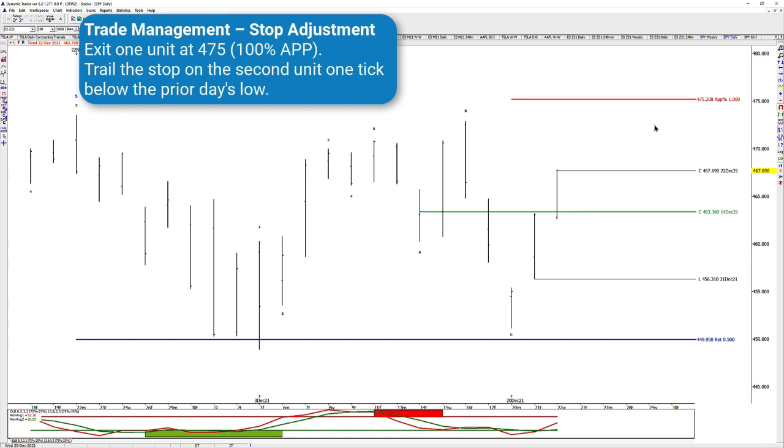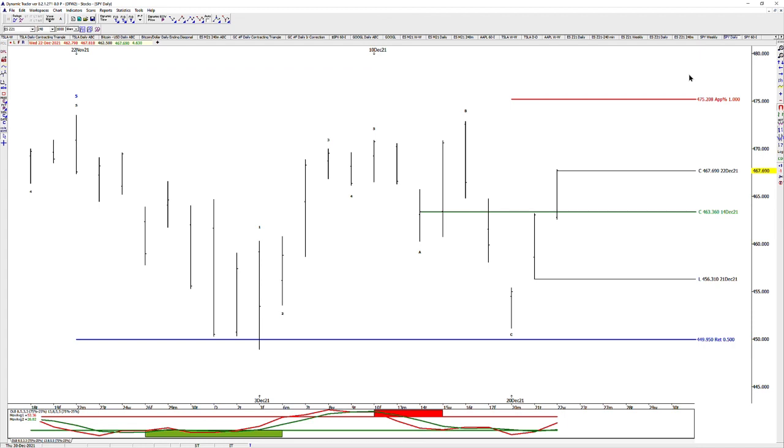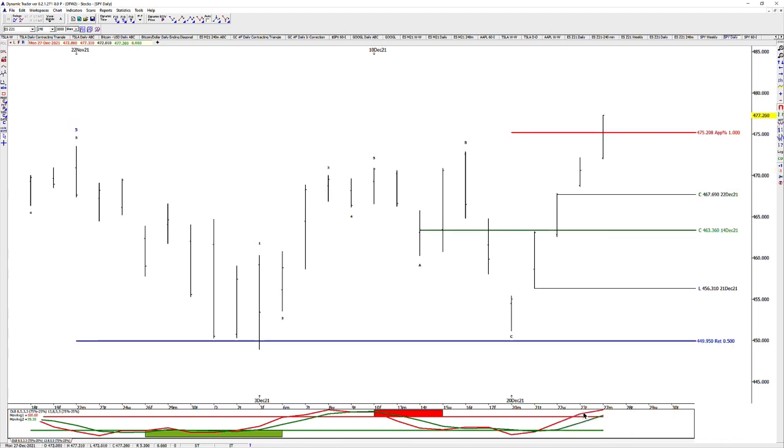So if the market were to continue to advance, making at least daily higher highs and higher lows, you'd remain in the trade and get a little bit extra profit. But because the daily momentum was getting to the overbought zone, and there wasn't going to be an updated report, this is how I'd handle it.